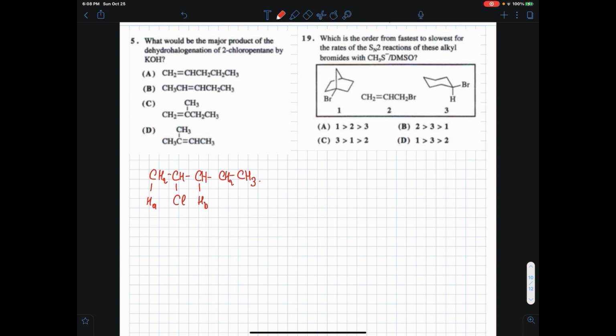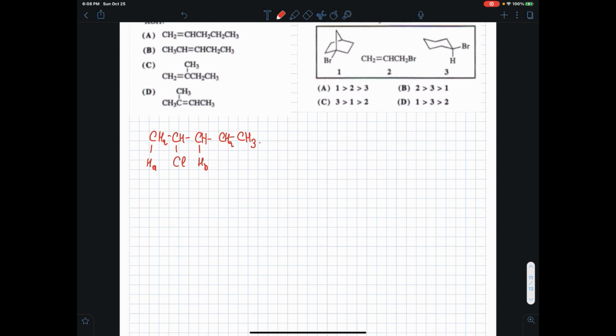Now we know that KOH is a small strong base, so it can grab the more sterically hindered hydrogen and form the more substituted alkene. So this KOH, which is K plus OH minus ionic bond, can come in, grab this hydrogen B, kick off the electron, and form the pi bond, and then the Cl would just leave, and then we're going to end up with CH3, CH, double bond, CH, CH2, CH3.